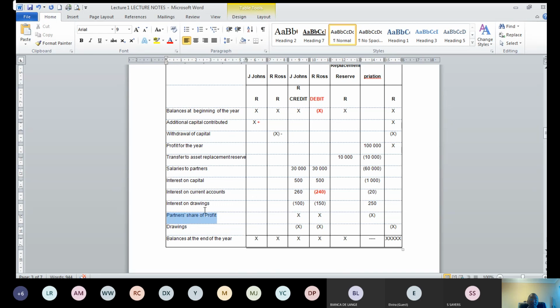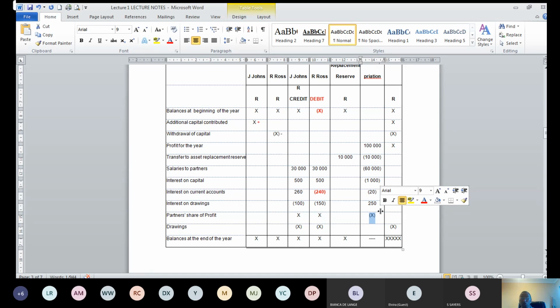You label it as the partner's share of the profit. You first calculate how much is available. So you take the 100,000 minus the 10,000 minus the 60,000 minus 1,000 minus 20 plus 25 plus 250, and you first calculate the available profit.